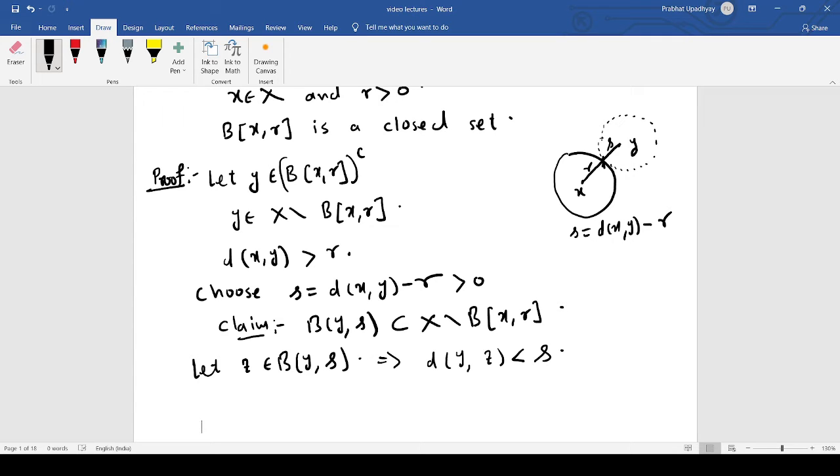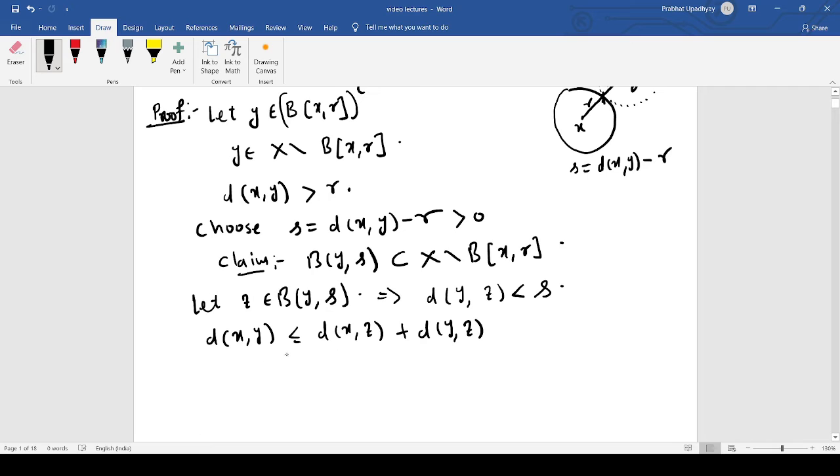Now we will make use of the triangle inequality. By the triangle inequality, we have the distance between x and y is less than or equal to the distance between x and z plus the distance between y and z. This implies the distance between x and z is greater than or equal to d(x, y) minus d(y, z). So I have added minus d(y, z) on both sides of the inequality.